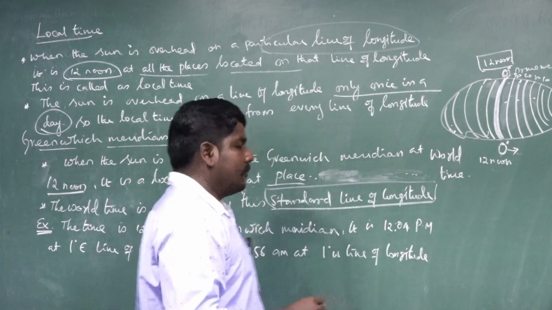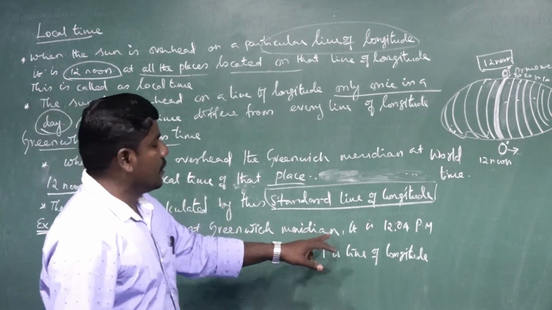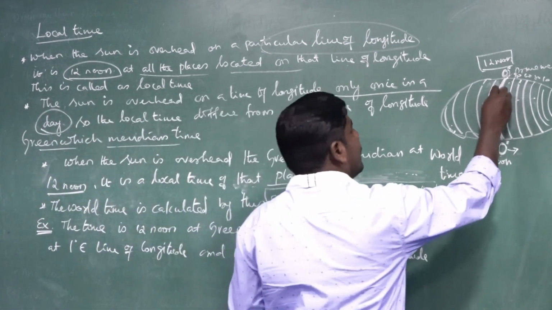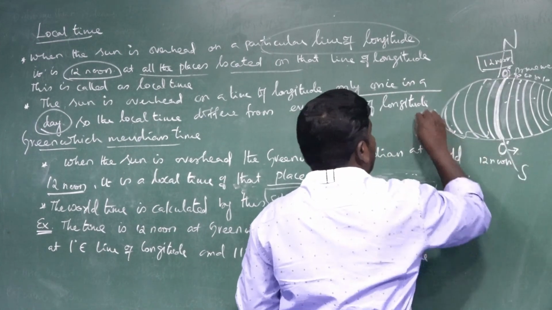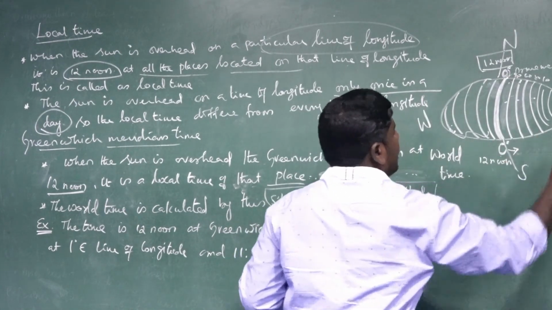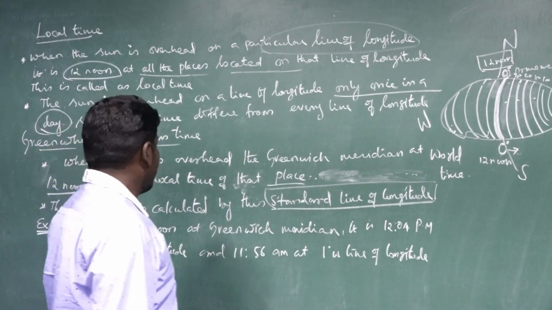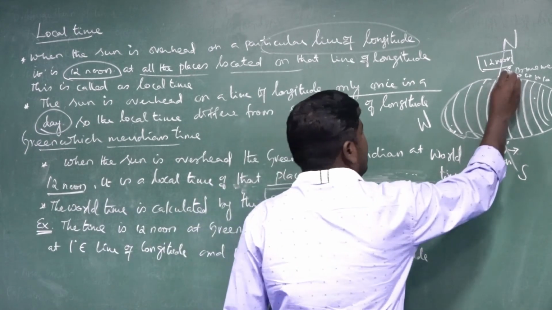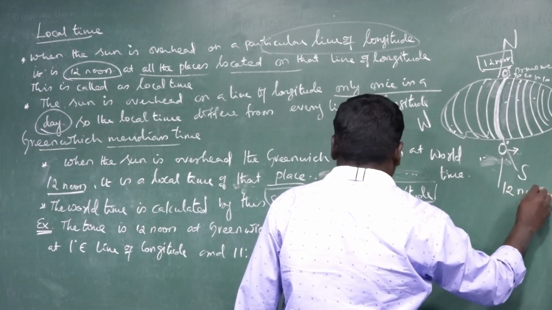For example, the time is 12 noon at the Greenwich meridian. Here the Greenwich meridian is shown with the north pole, south pole, west and east. So in this Greenwich meridian, the time is 12 noon.